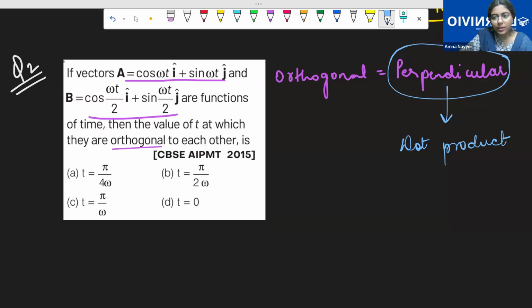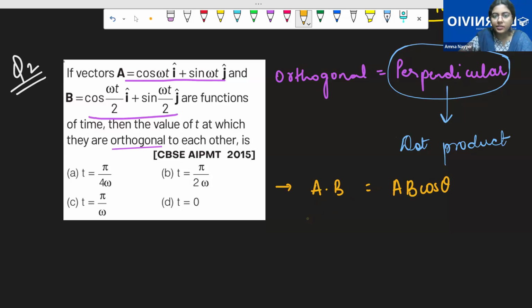The reason is that we use the property of the dot product: A dot B, we take the magnitude of A, magnitude of B into cos theta. A dot B is equal to AB cos theta.